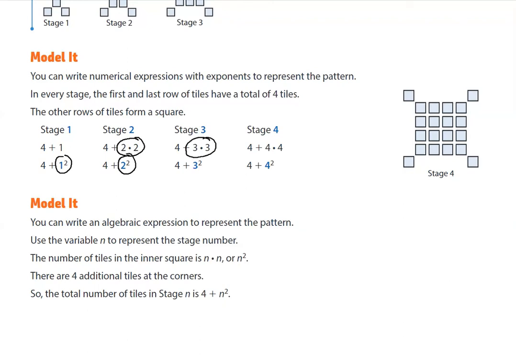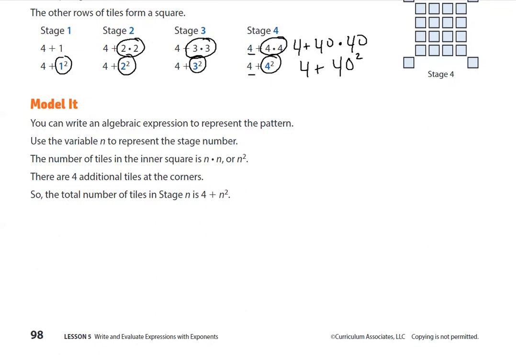Instead of writing the 3 by 3, you could write that as 3 squared. Instead of writing the 4 by 4, you could write that as 4 squared. Instead of writing 40 by 40, you could write that as 40 squared. That's a terrible little 2. Squared. Oh, that's a nice little 2. It's cute. And then don't forget the plus 4.